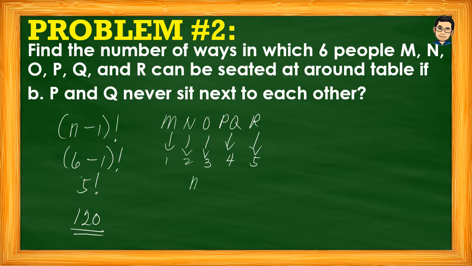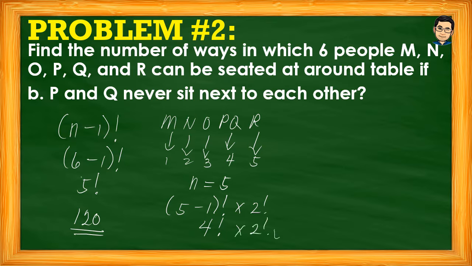So N natin dito is 5. And then, magiging 5 minus 1 factorial times, pwede natin i-arrange yung dalawang tao na yon, P and Q, in 2 factorial ways. So di ba ang sagot dito, 4 factorial times 2 factorial.